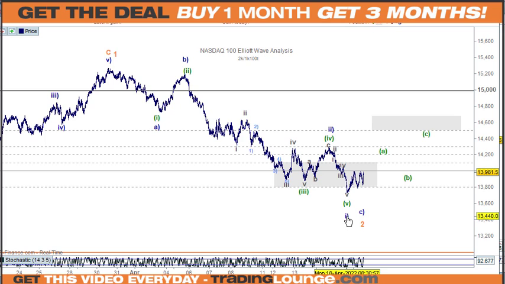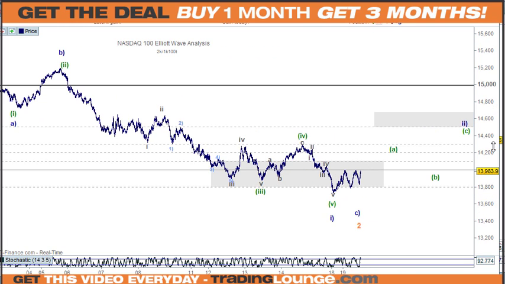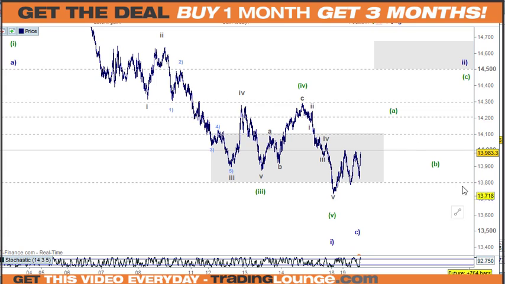So just to recap, it's pretty clear that we've got 5 waves down. We're looking for some sort of correction, and in a lot of cases it will be wave B here, and that could be the same as well, but we don't need to get into that just yet. So the second thing is that we may, in a lot of cases, and probably if it's going to happen, it will be in all cases, so we need to be prepared about this.